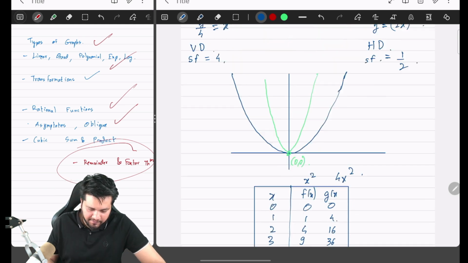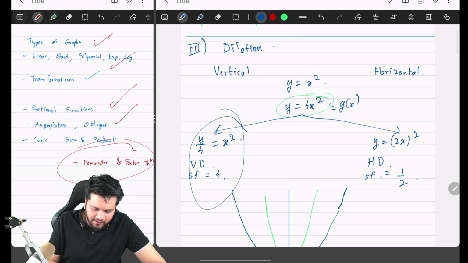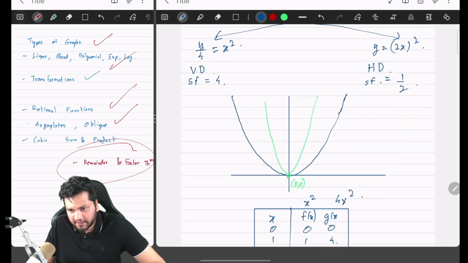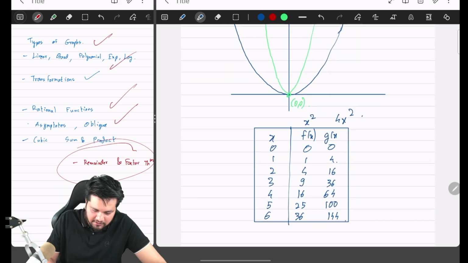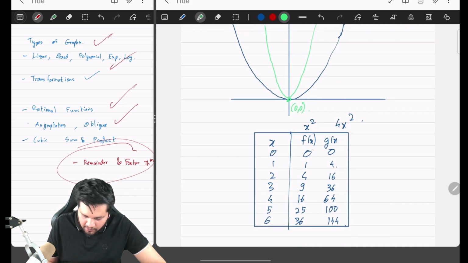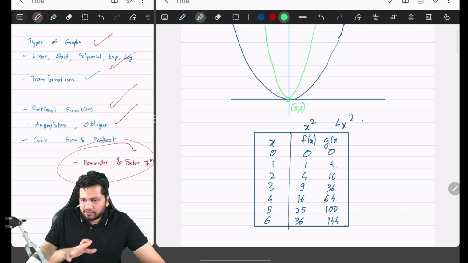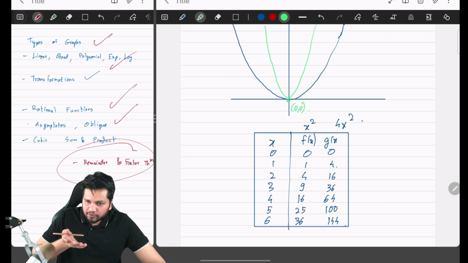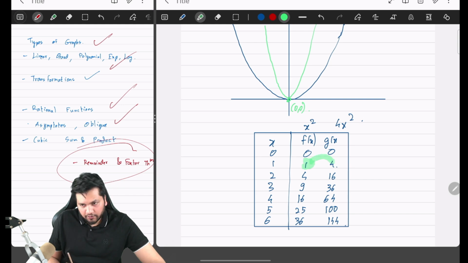Now what exactly happened? Vertical dilation is quite simple. Vertical dilation of scale factor 4. I'll highlight vertical dilation with the green values. Vertical dilation of scale factor 4 means the output values, or the y values, are becoming 4 times the original function values. When it was 1, now this is 4 times 1.